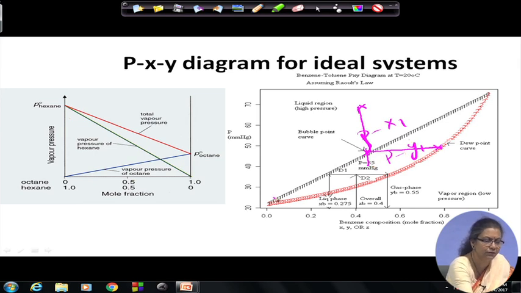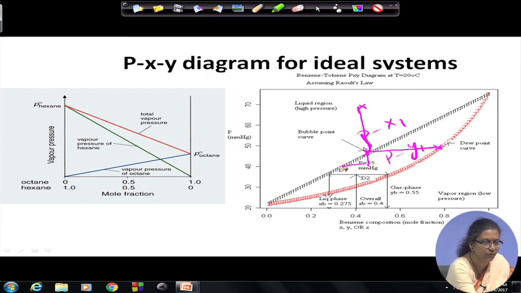This particular region, which is bounded by the saturated liquid curve and the saturated vapor curve, is the zone of heterogeneous region where vapor and liquid both exist, right. And remember one thing, we are just going down a vertical line. Therefore, the overall composition of the mixture is constant, but this mixture, after it crosses the saturated liquid line, separates out into a vapor phase and a liquid phase.